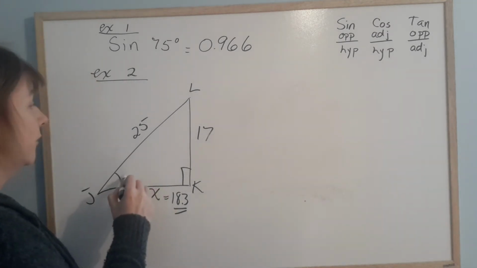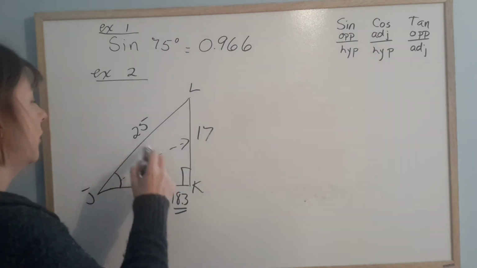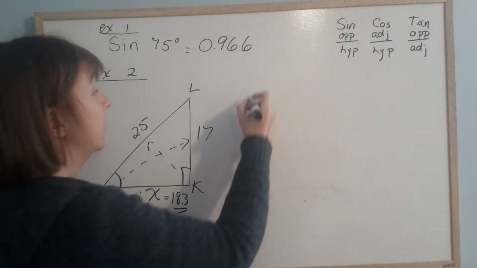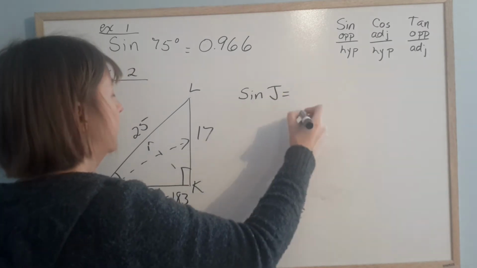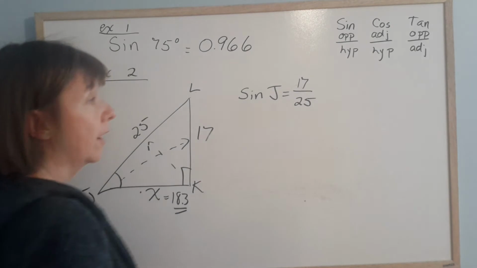Angle J I can figure out because I know the opposite side and the hypotenuse, which is my sine ratio. So sine of angle J is the opposite side over the hypotenuse.